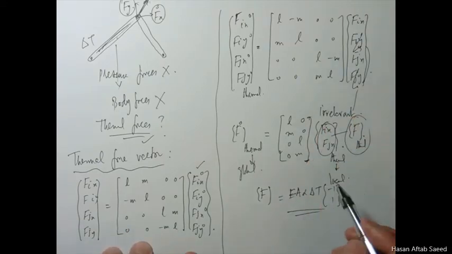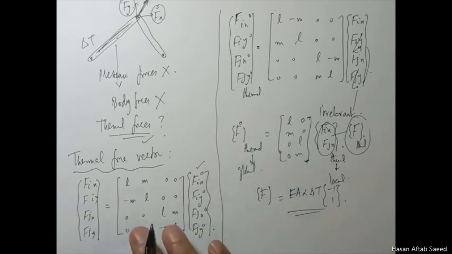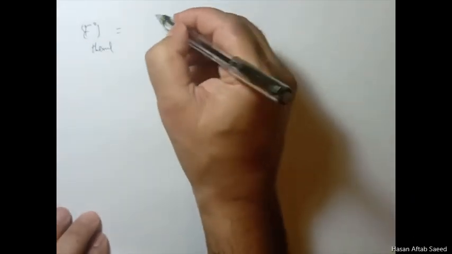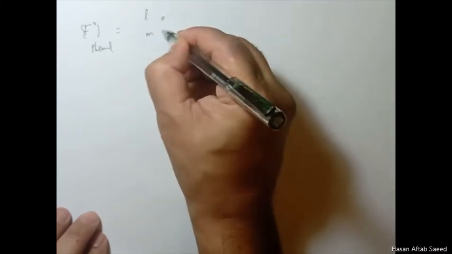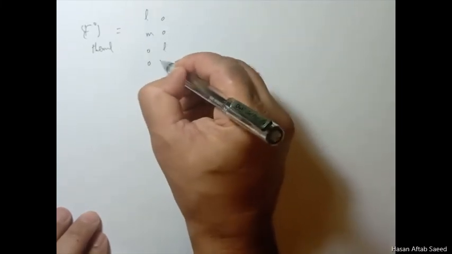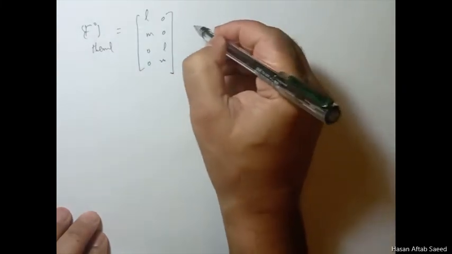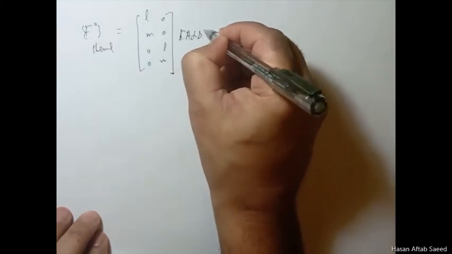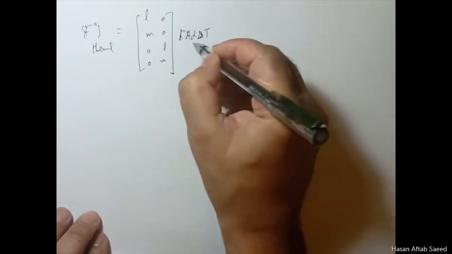We just put it here: thermal, L0 M0 0 L0 M, EA alpha delta T. This part is the local coordinate system part.